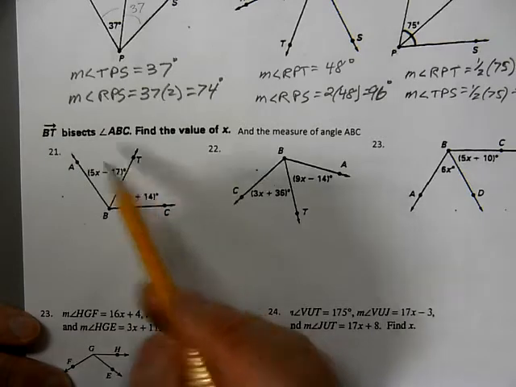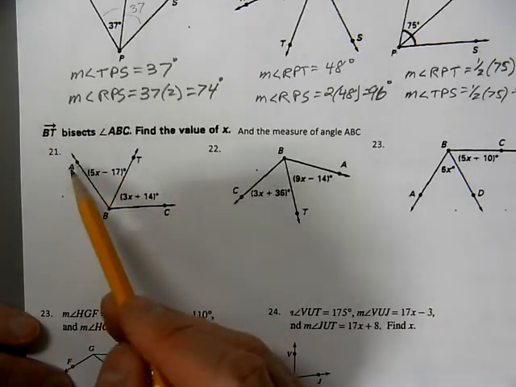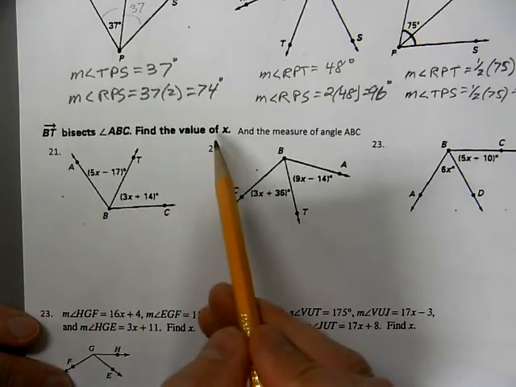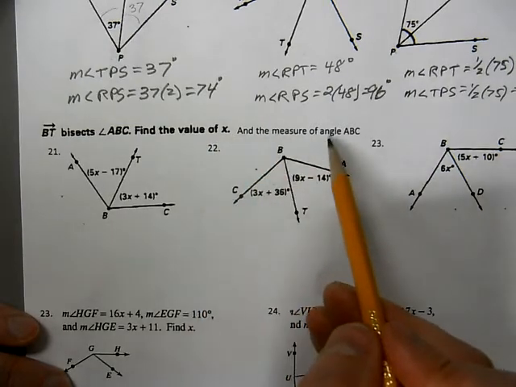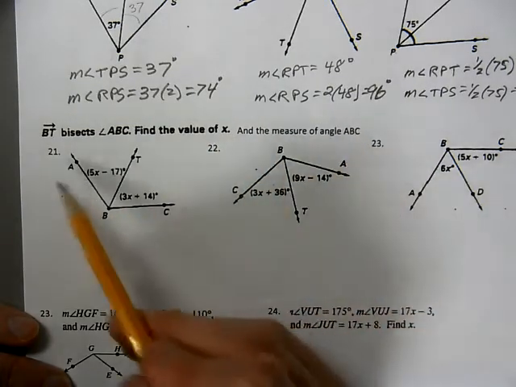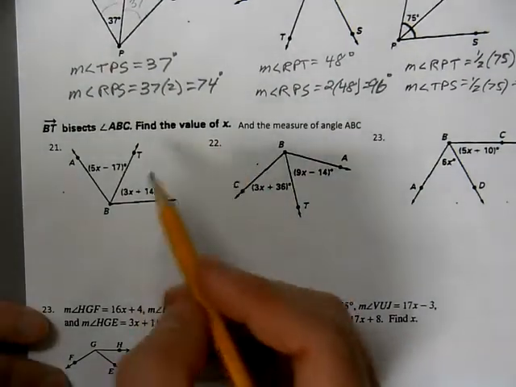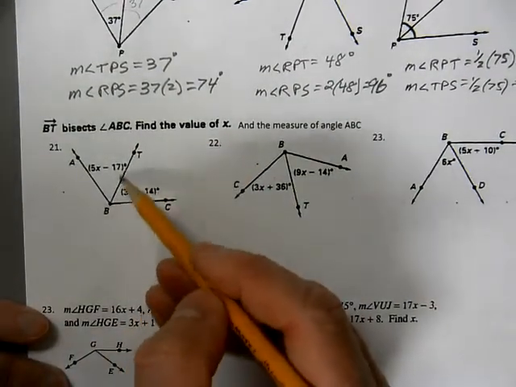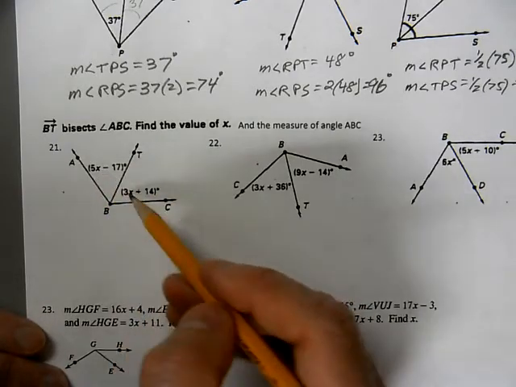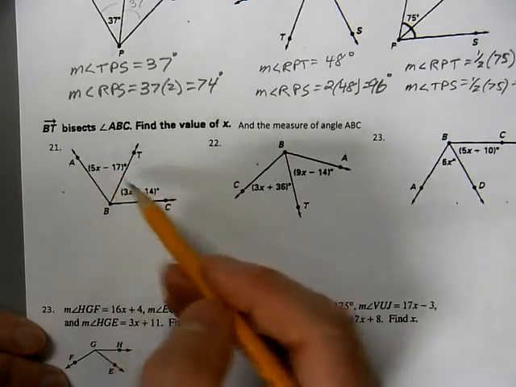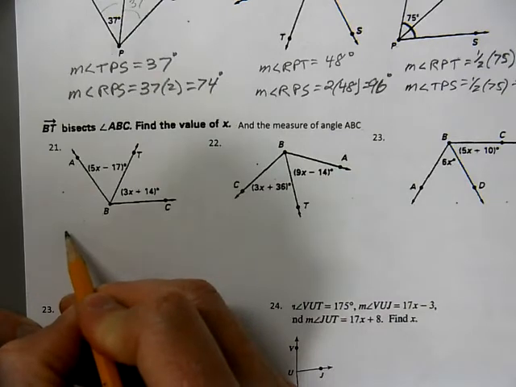Here we're saying that ray BT bisects the angle ABC. Find the value of x and the measure of angle ABC. So remember, we've talked about if you have an angle bisector, then your two angles equal each other.